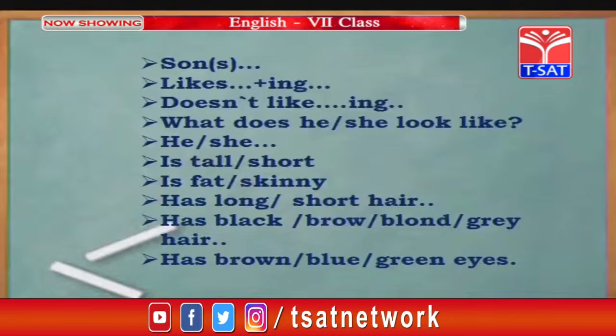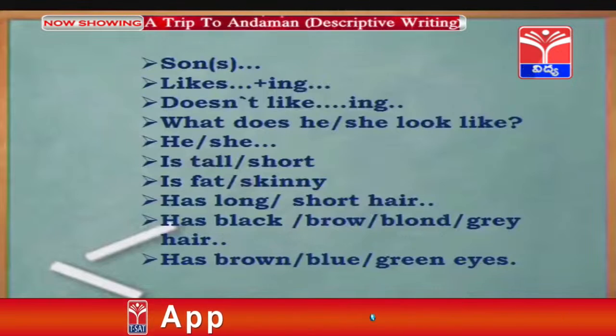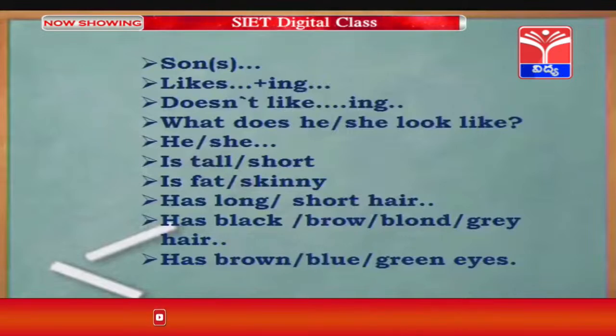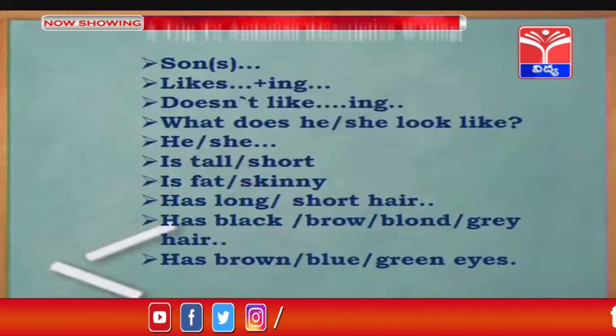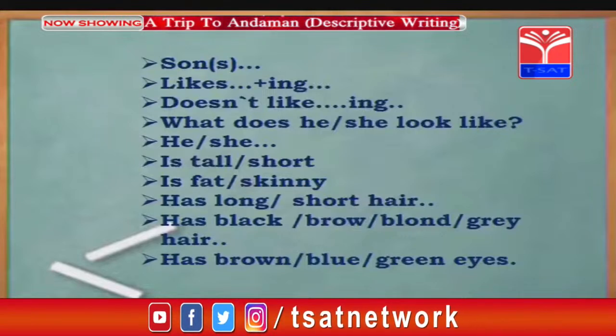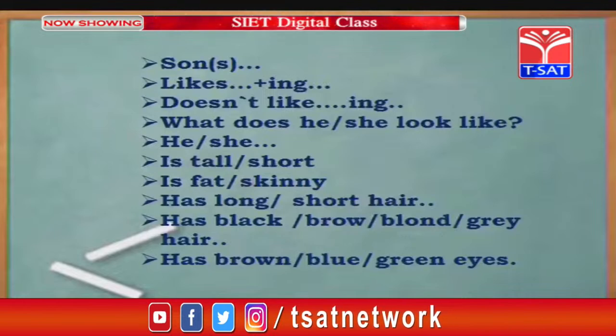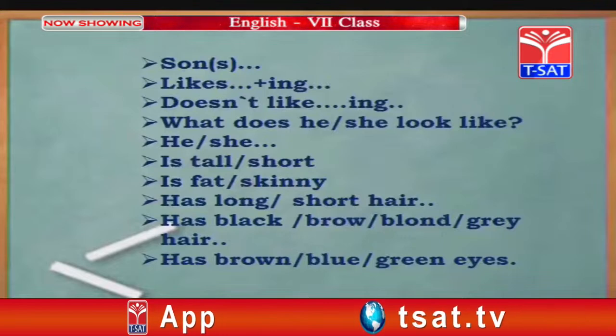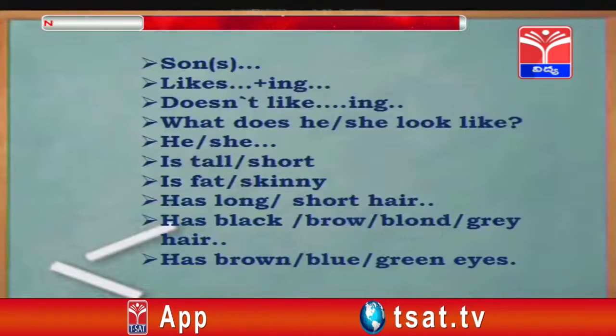Moreover, what does he or she look like? In comparison to a great personality, you can take any personality, he looks like my brother, or you can say he looks like my cousin. And next, he or she is this, he or she is that. And then we have to go to physical description like tall, fat, skinny, long hair, brown hair, and so on.